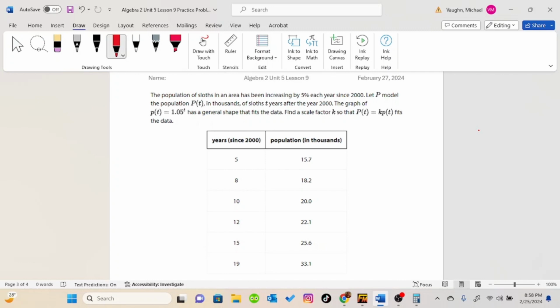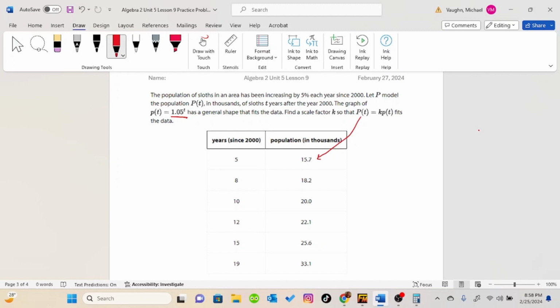So what we can do is substitute in what we know and then find k. Capital P of t is the population, and that is going to come from this right-hand column. Lowercase p of t is going to come from the 1.05 to the power of t.